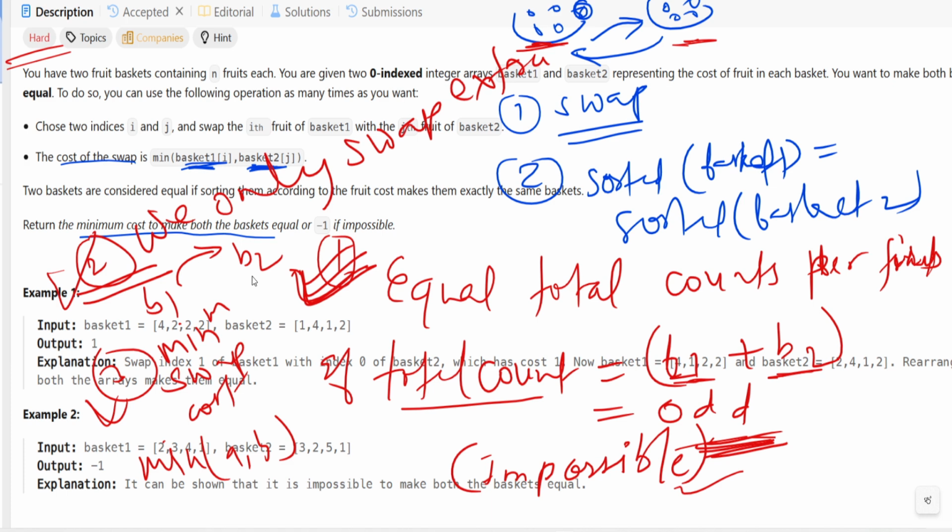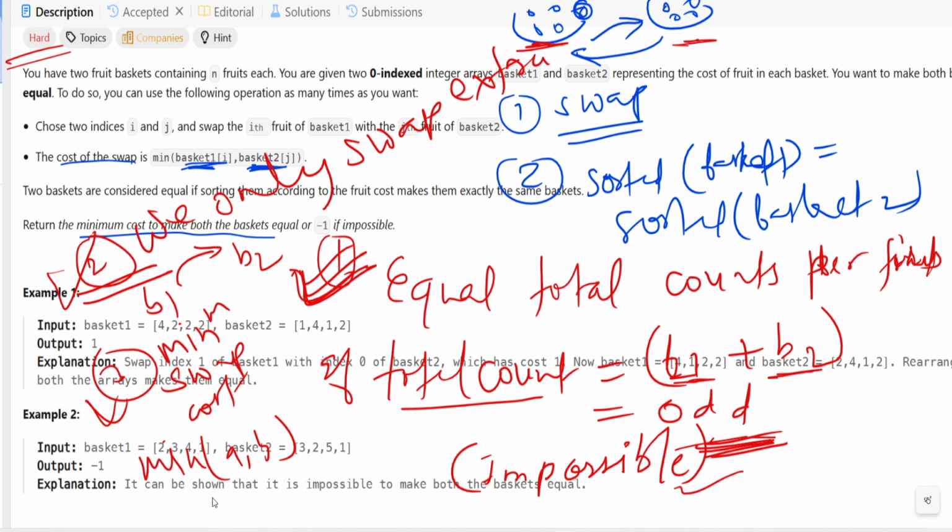But sometimes it is cheaper to use two swaps with the smaller fruit overall. That is called an indirect swap, and the cost is 2 times the global minimum, the smallest value among all fruits. Sometimes that becomes cheaper for you. You will understand through the example, don't worry.